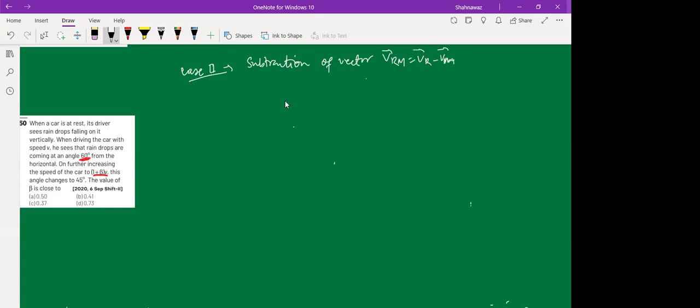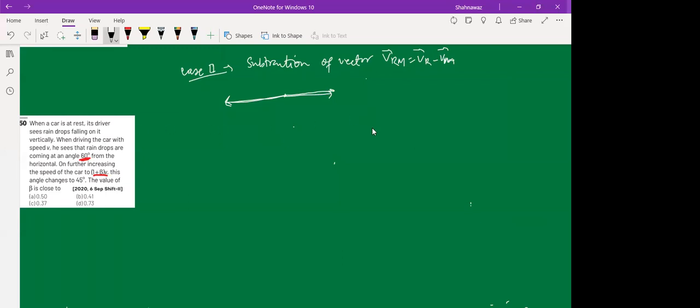Whatever the M direction is given, we have to take the opposite of the M direction. This is the key idea: whenever you get a rain problem, you draw this velocity and you take the opposite. Understood?